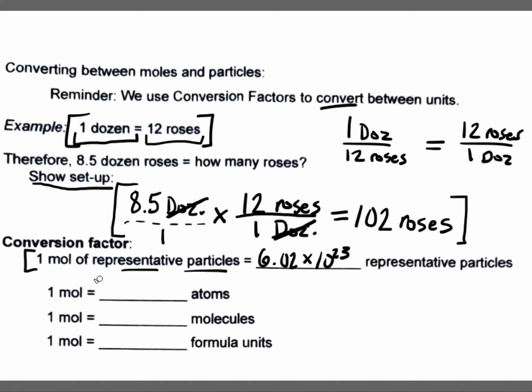So if I have 1 mole of atoms, I have that number, 6.02 times 10 to the 23rd, just like if I have a dozen of something, I have 12. If I have a mole of molecules, then I have that many molecules, 6.02 times 10 to the 23rd. And if I'm working with formula units, like with an ionic substance, then if I have a mole of it, I have 6.02 times 10 to the 23rd formula units.